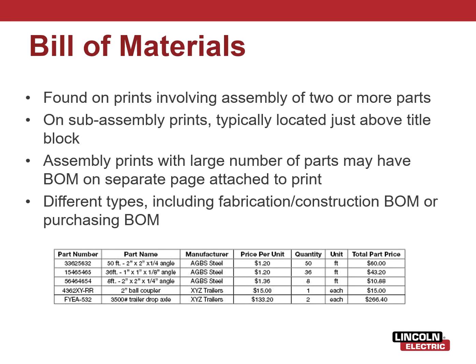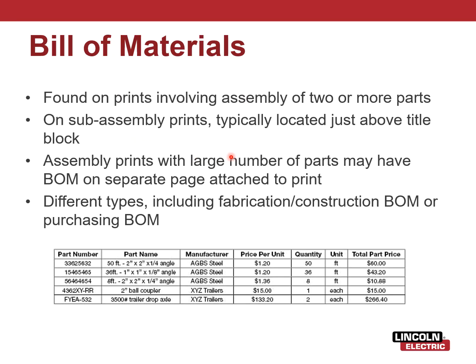Bill of materials, so pretty self-explanatory. This is just going to be your cost breakdown for that part or assembly or sub-assembly. Okay, this is going to be found on prints involving assemblies of 2 or more parts. On sub-assemblies, it's typically located above the title block.